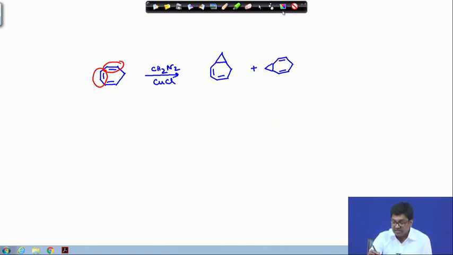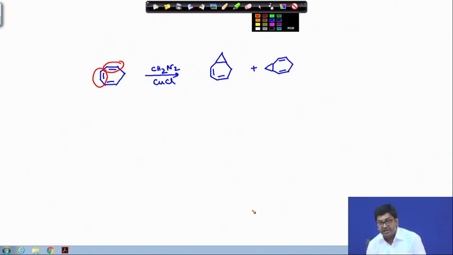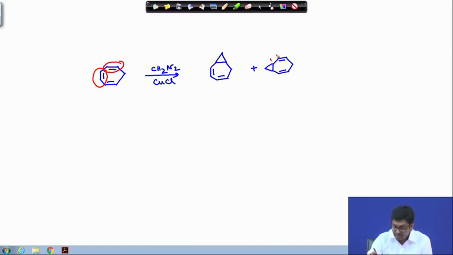Now, if you see this particular substrate, it is a very good substrate for further going to another sigmatropic rearrangement and giving another product. This is the 3,3 sigmatropic rearrangement that will happen. So, if you see the numbering 1, 2, 3 and here 1, 2, 3.